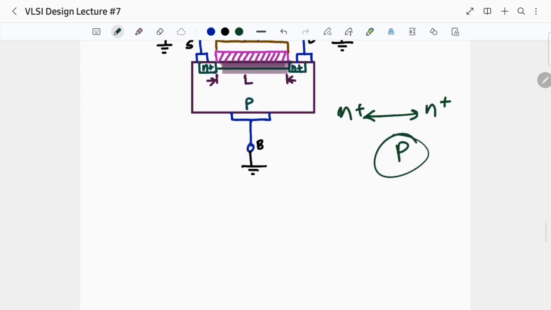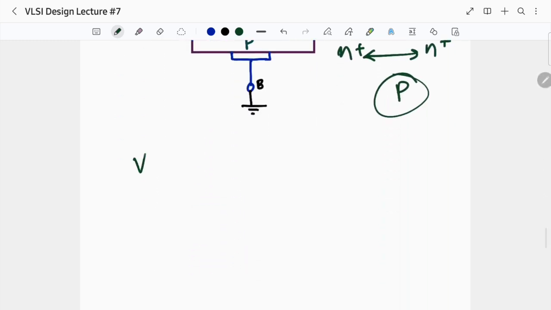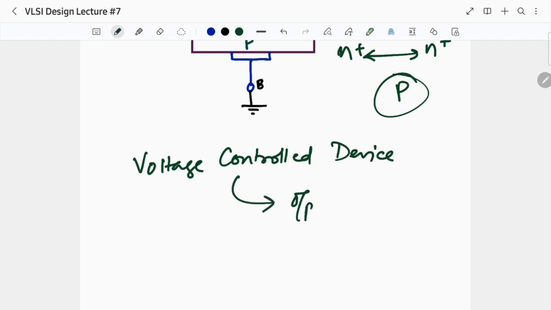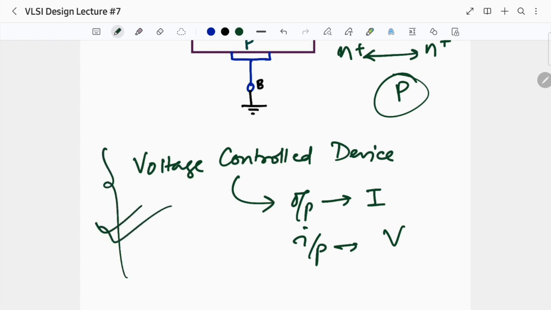Another point that we had discussed previously is that a MOSFET is a voltage controlled device. That means the output is current and input is voltage. So remember these points.